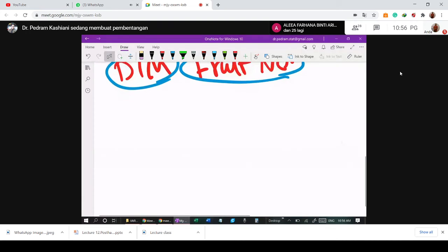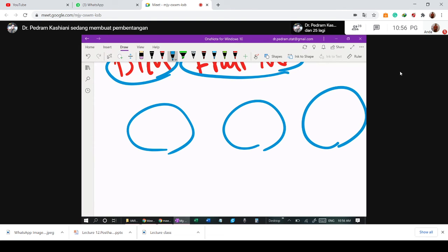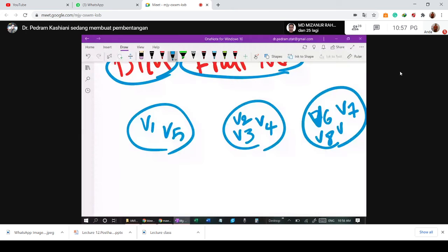Maybe the result will be 3 groups. In group 1, maybe variety 1 and variety 5. Here maybe variety 2, variety 3, variety 4, and variety 6, and in this group variety 7, variety 8, variety 9, and variety 10.